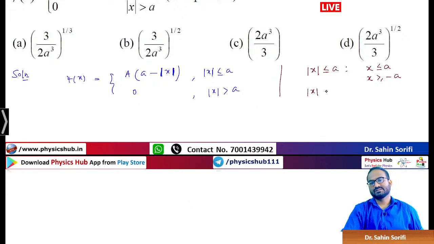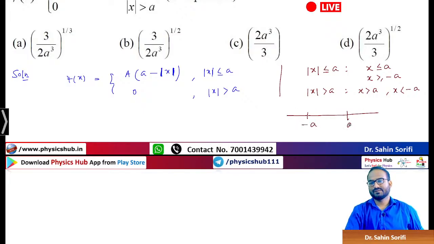For mod x greater than A, it means x greater than A or x less than minus A. If you consider a region like this, this is minus A, this is plus A, and it goes to infinity, minus infinity.